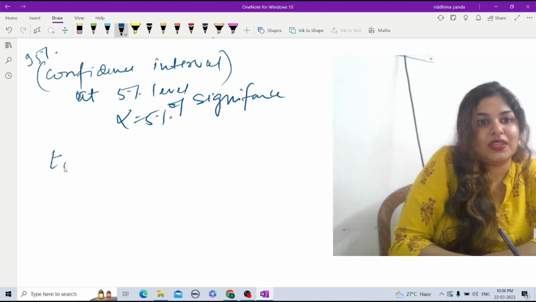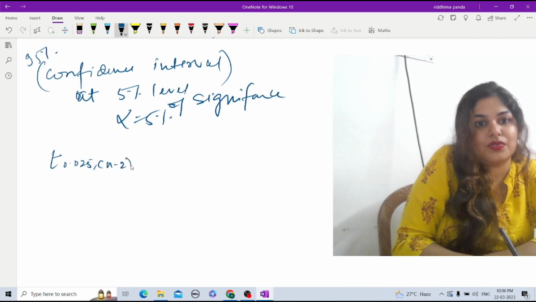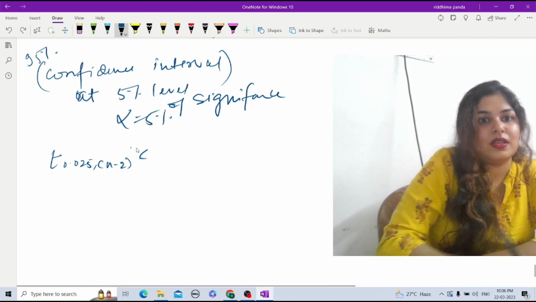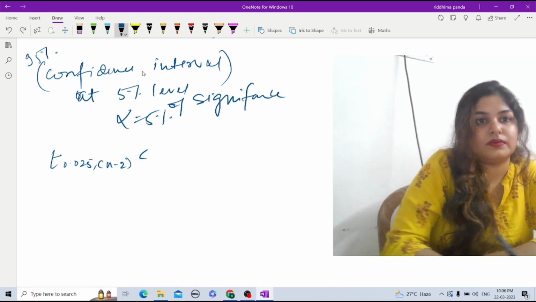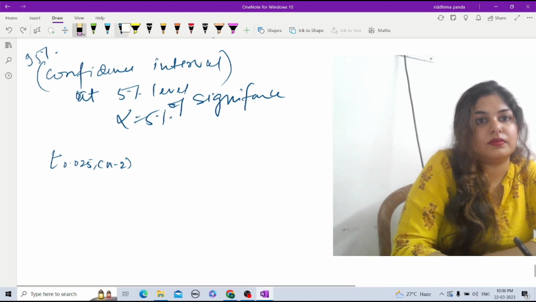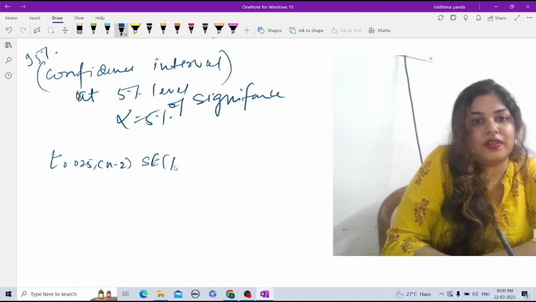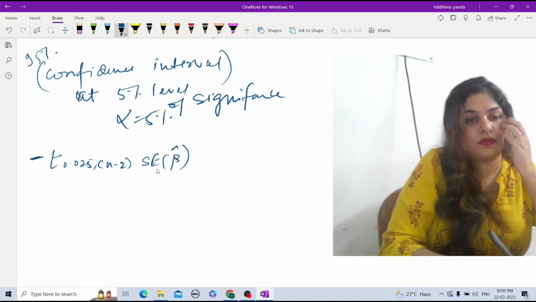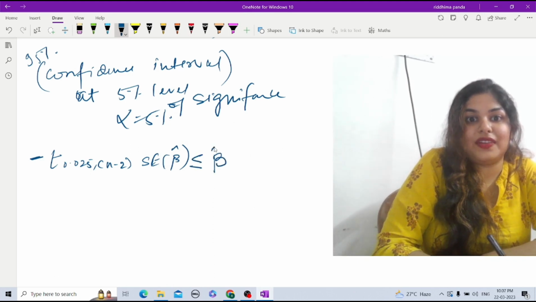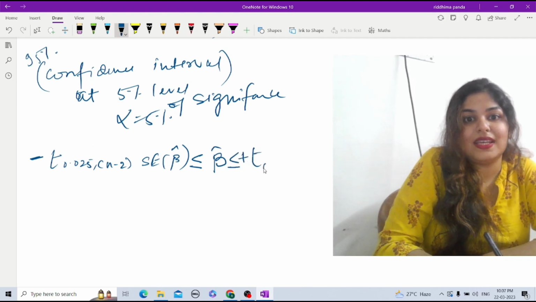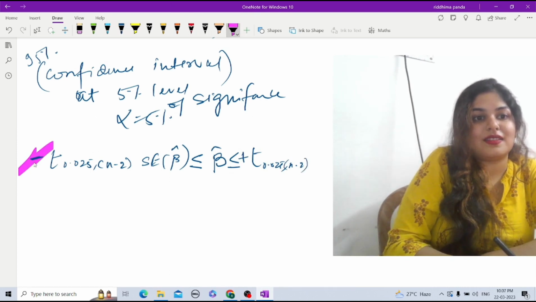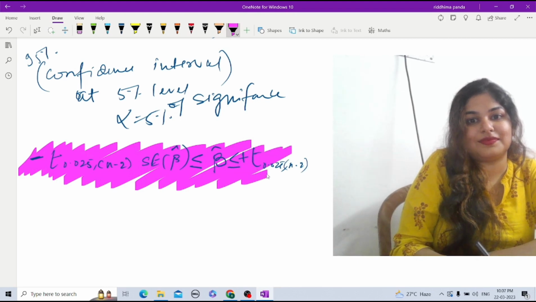That is, minus t 0.025 at n minus 2 less than or equal to, sorry, here we have to include the standard error of beta hat, right? Less than or equal to the value of beta that we are estimating, less than or equal to plus t 0.025 at n minus 2 degrees of freedom. So this is the answer. That's all.